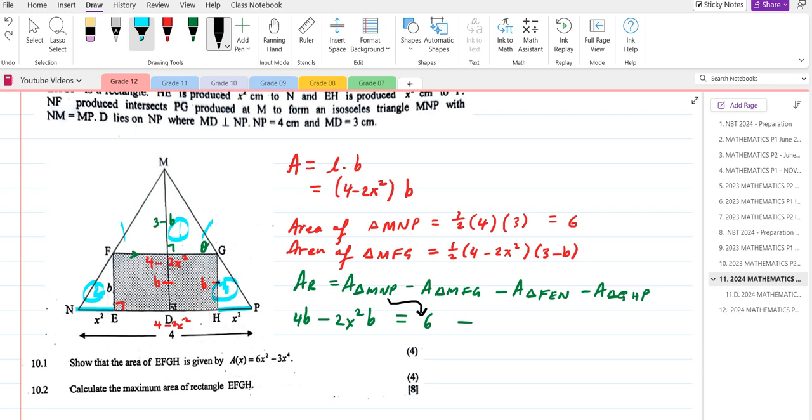Let's take the half into 4 minus 2x squared, so we're going to get 2 minus x squared times 3 minus b, minus area of triangle FEN is half base times height, half x squared b, and same here, minus half x squared b. Okay, so far that's what we have.